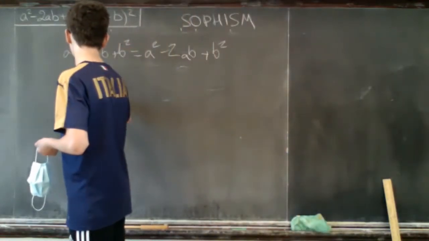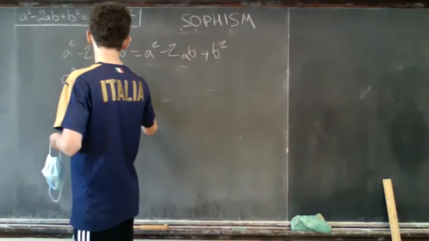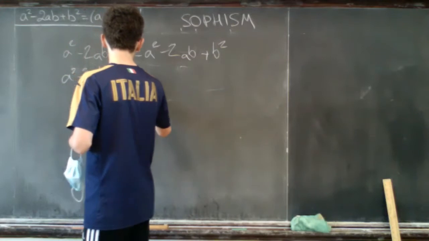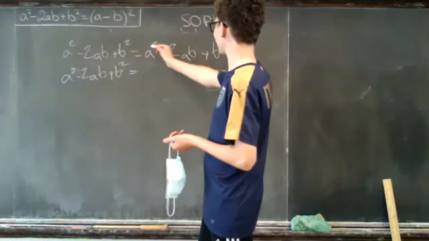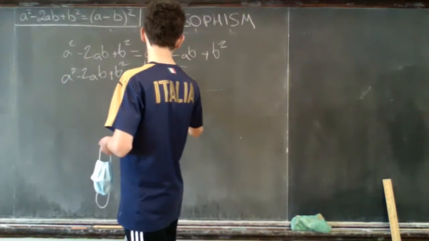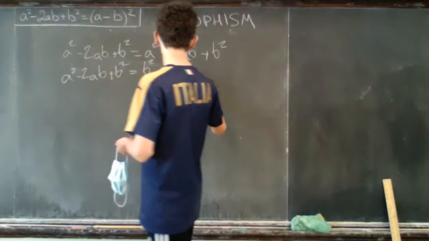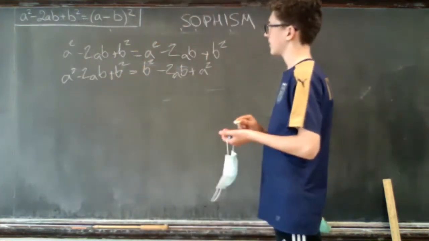A squared minus 2ab plus b squared. But this time, we're going to flip around some terms and get b squared minus 2ab plus a squared.